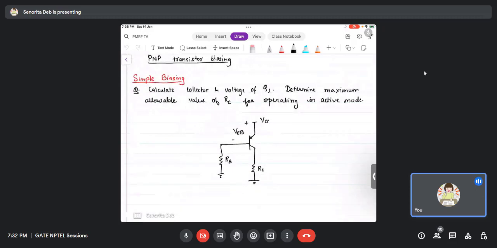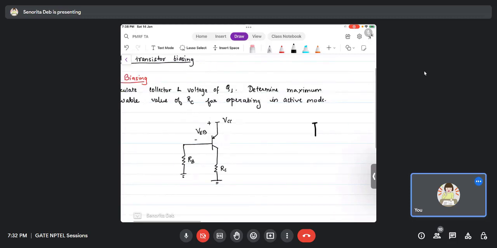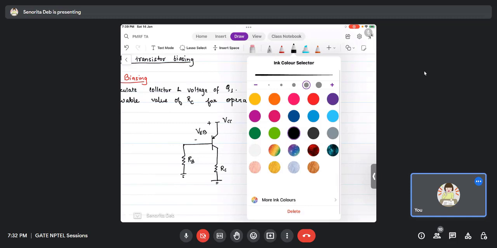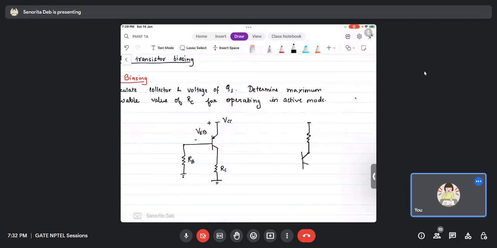First is simple biasing of PNP. So this is a simple biasing circuit of PNP. You remember what was the simple biasing of NPN? So this was the simple biasing of NPN.